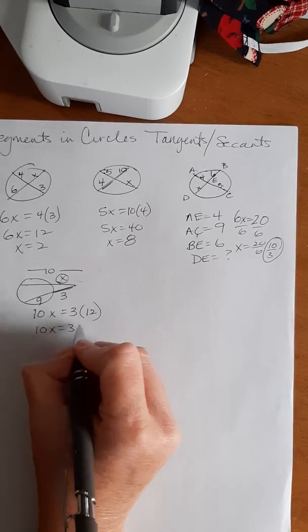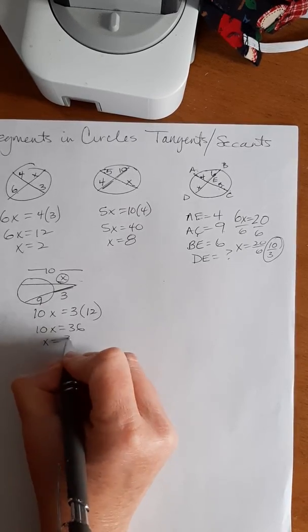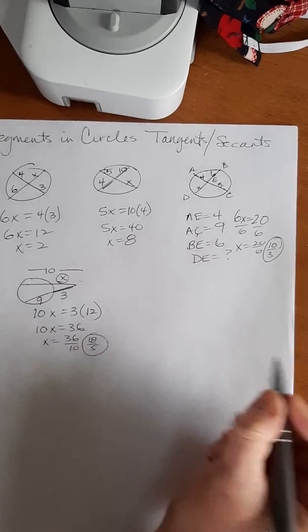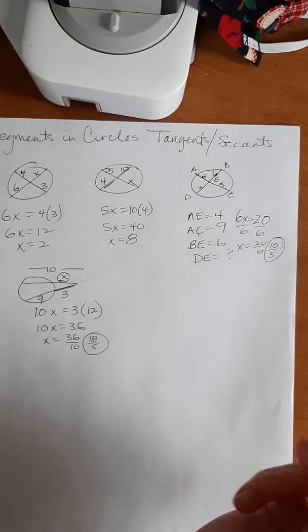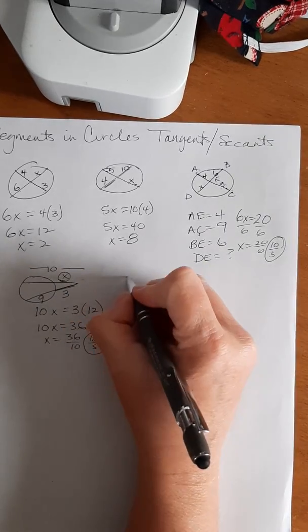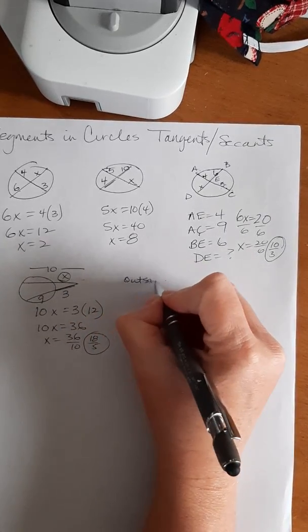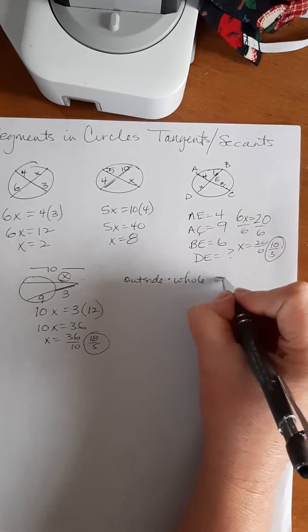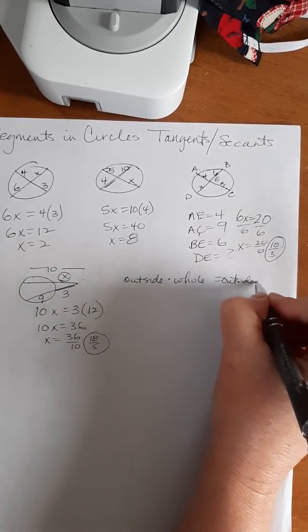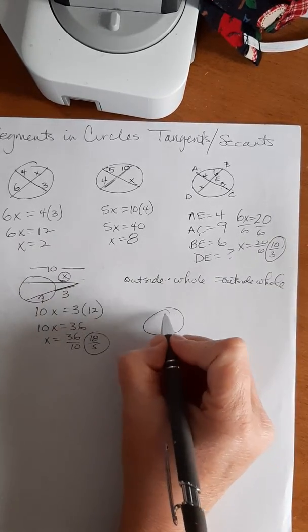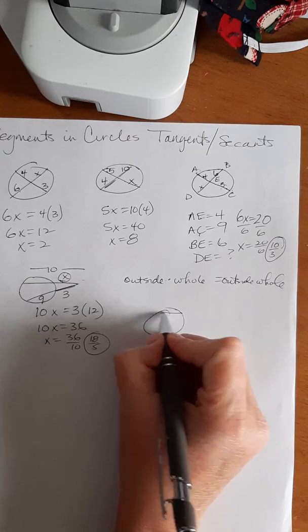So 10x equals 36. 36 over 10, 3.6, 18 over 5, 3 3/5. Any of those would be sufficient. So it's always outside times the whole, outside times the whole.